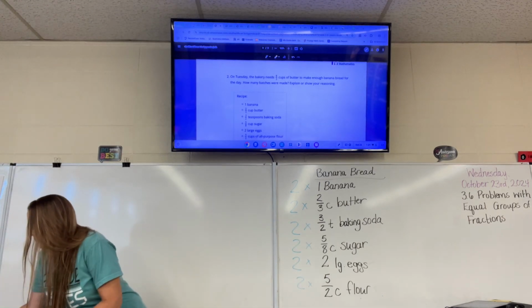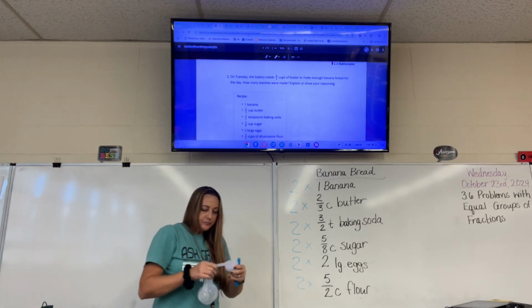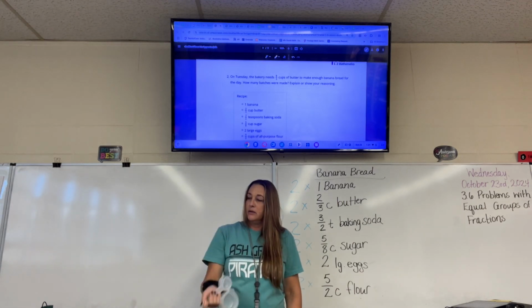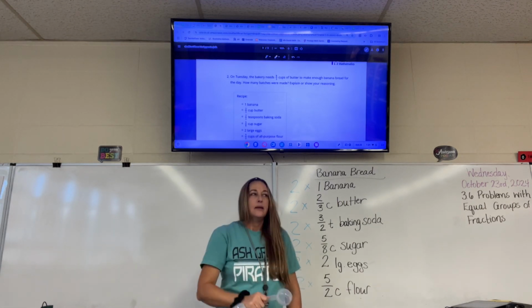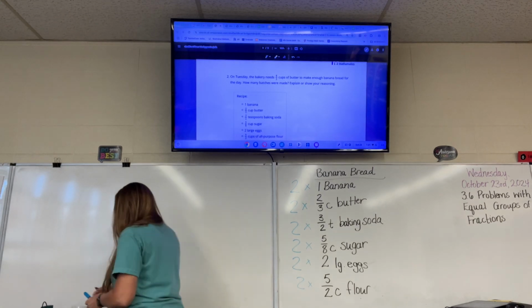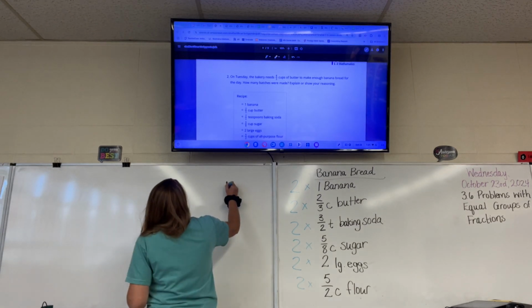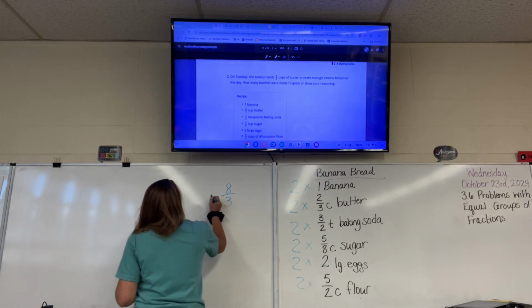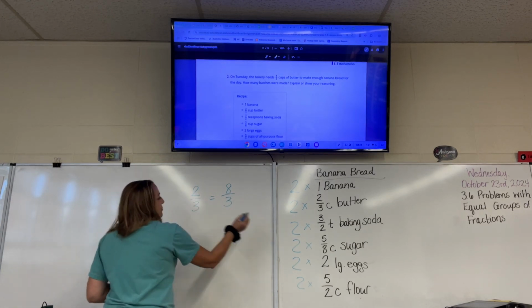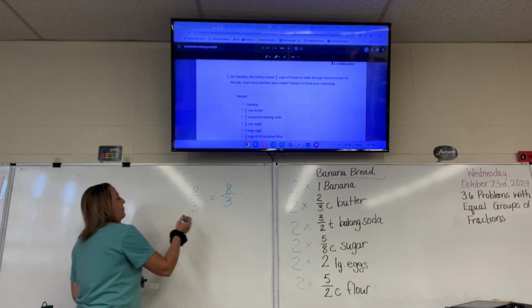So for 1 batch, I'm going to go 1, 2, right? But I have to use up all the butter so it doesn't expire. And I know it takes 2 third-size cups to make 1 batch.